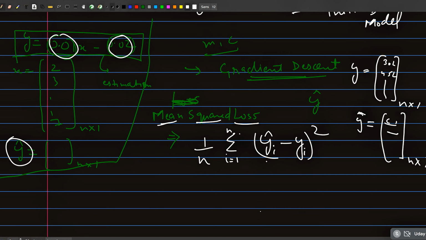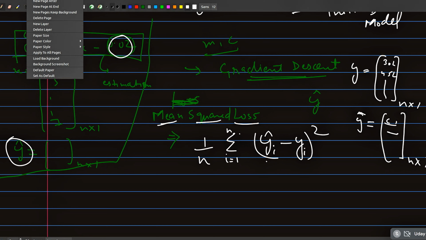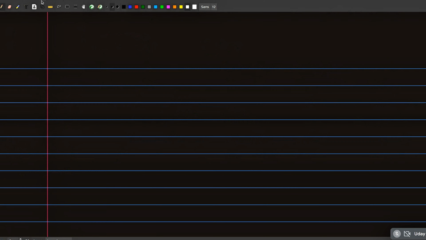Okay, so this was mean squared loss. We got how much difference we have. Now we need an algorithm which takes this loss and these weights and optimizes it so that we can have a true estimate. Okay.